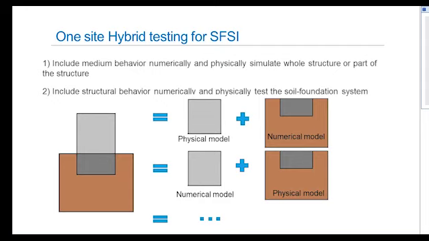Of course, there are other possible combinations of these systems depending on what is known about behavior underground, what is the size of the foundation structure, and so on.